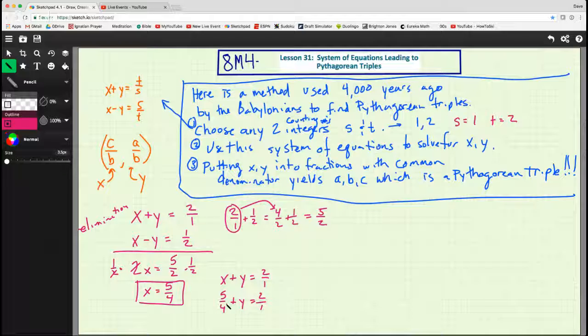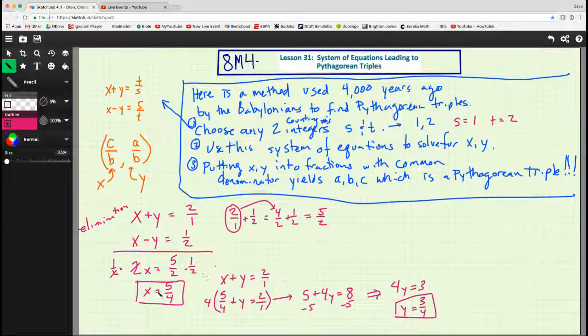Let's just multiply everything through by 4 just to make it easy. So we're going to multiply this whole thing by 4 to get rid of our fractions. So we get 5 plus 4y equals 8. Subtract 5 from both sides, and I get 4y equals 3. So y equals 3 over 4.